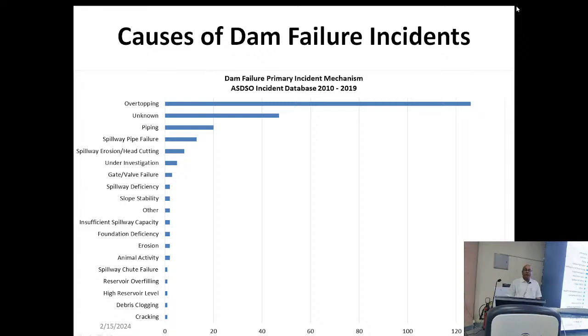Overtopping, then the piping. This is the valve failure, like the dam was close to another, like the discharge with no delay to another dam.